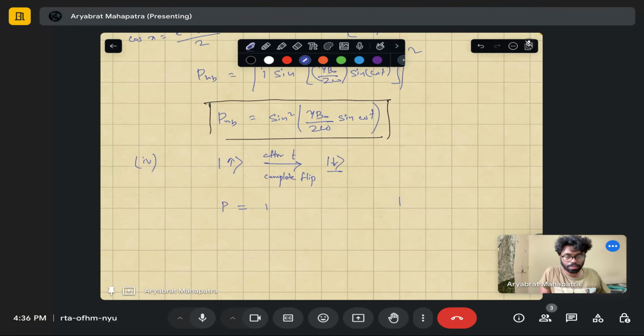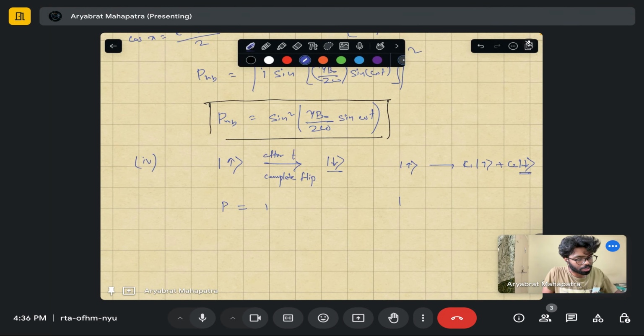As I was telling earlier, if it would have been some combination of this, then the probability of getting this down state would have been less than 1, and the other half will go to the upstate. The probability will be distributed in that way.